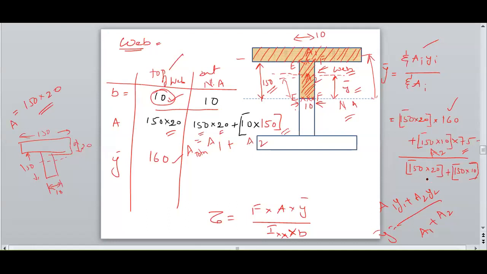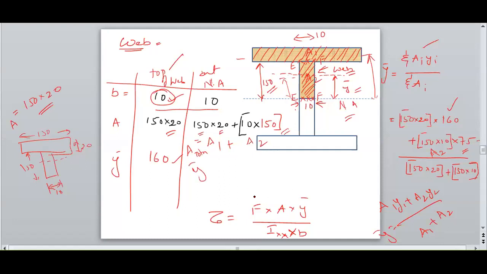Now, dividing by A1 plus A2, I will get the Y bar for the shaded T cross section.